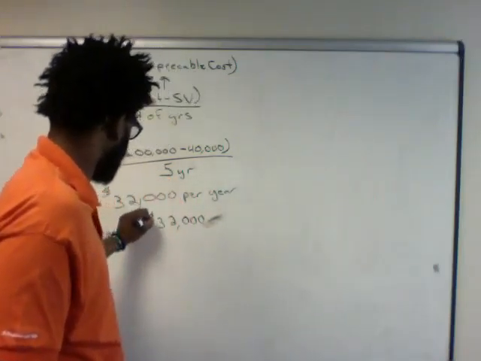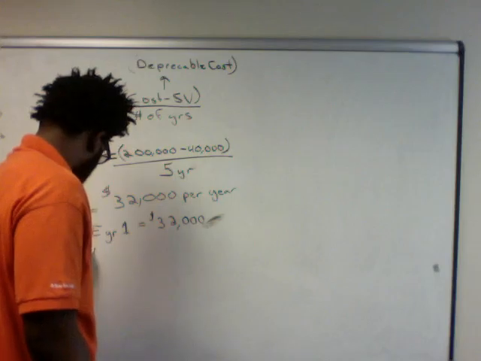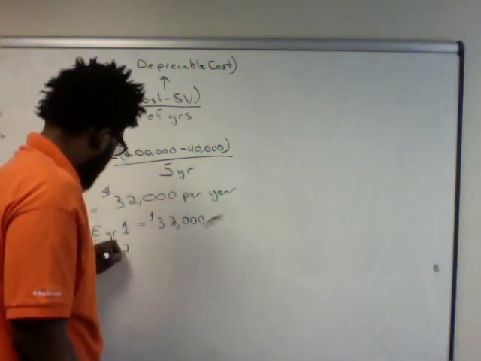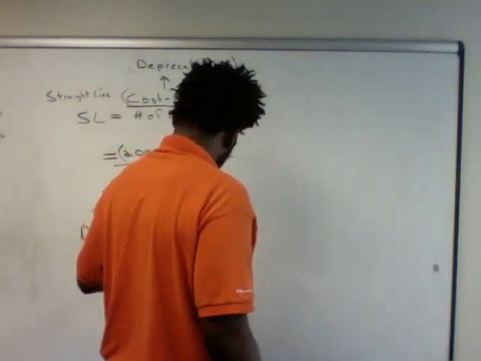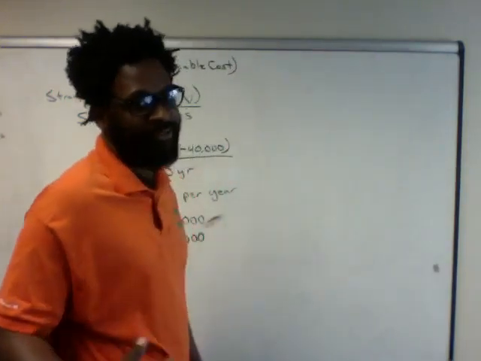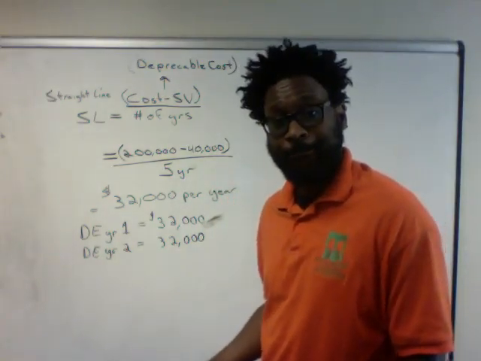Because it's per year. I could ask you, what's the depreciation expense for year two? And obviously the correct answer again would be $32,000. Again, this is straight line, so every year depreciation expense is going to be the same.